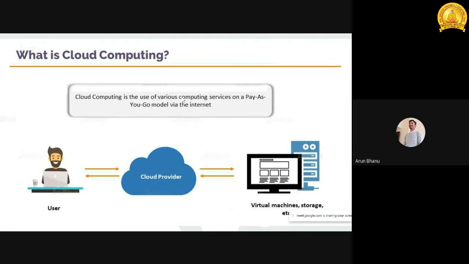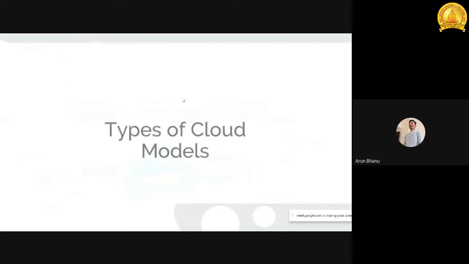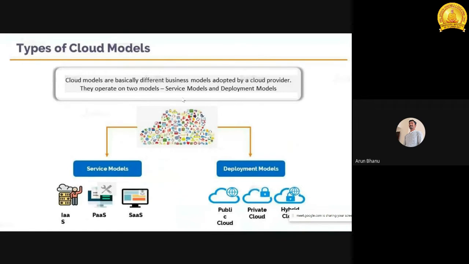So that's what cloud computing is about, and then we will move to the types of cloud models. According to business needs, the cloud services are divided into two main models. One is service models, another one is deployment models. The service models are again divided into three types, that is IaaS, PaaS, and SaaS.